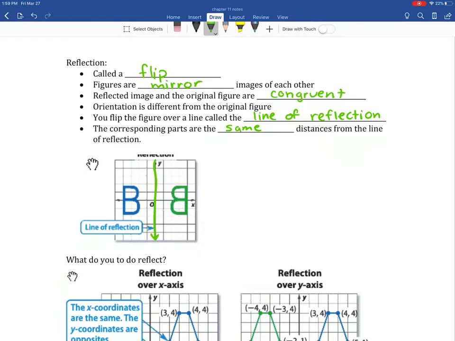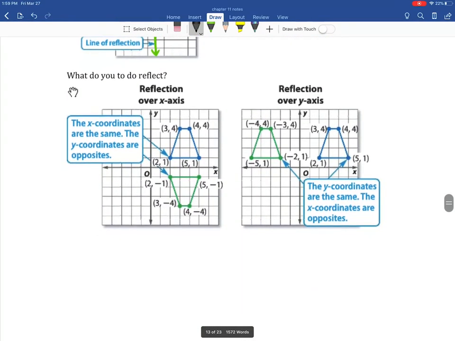So in this picture, copied directly from your book, this is our line of reflection. If I look at this point on the B and this point on the B, this distance here is the same as this distance here. I could do that with every single point. If I picked this one and this one, from here to here is the same as from here to here.